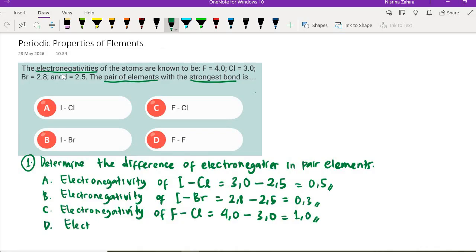Now, because it comes from the same element, any pair of the same elements bonded together will have a weak bond, because the difference of electronegativities of F and F is 4.0 minus 4.0 equals 0.